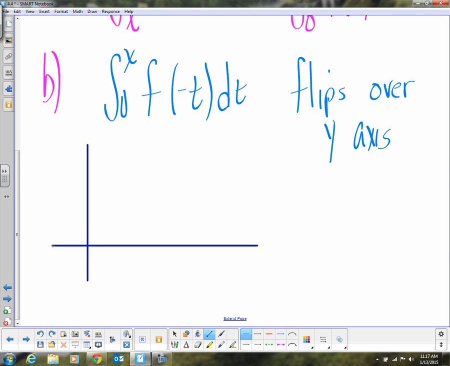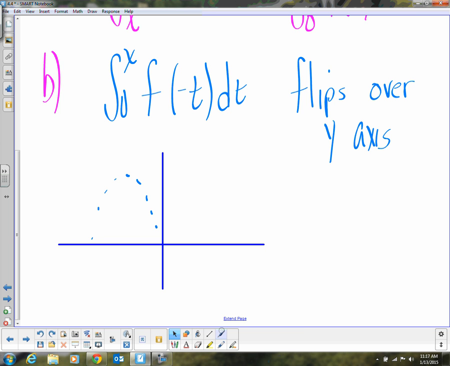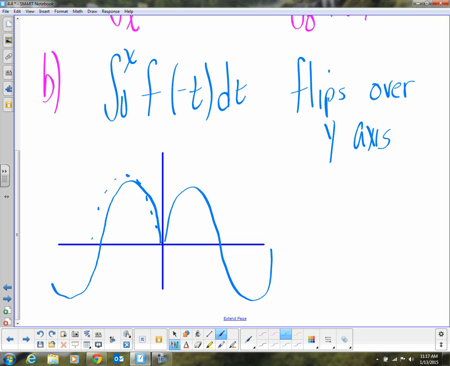How do we flip the graph if it looked like this? It used to look like this. How do we flip it over this axis? It's going to look like this, right? So this is what we're looking at.